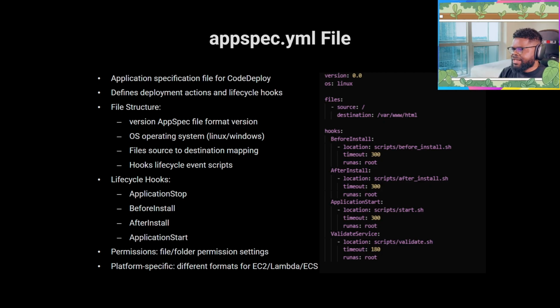And then you can do other things, like even setting up permissions for those files. It's platform specific, which means that depending on whether it's EC2, Lambda, or ECS, you can build the specific AppSpec file that it needs, right?